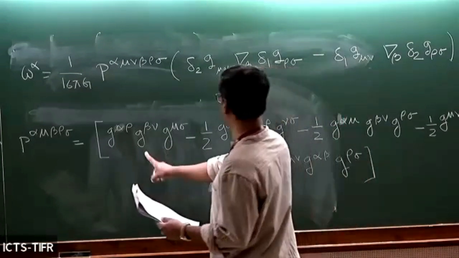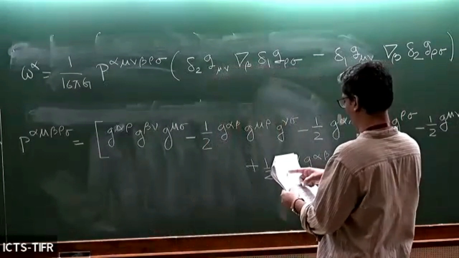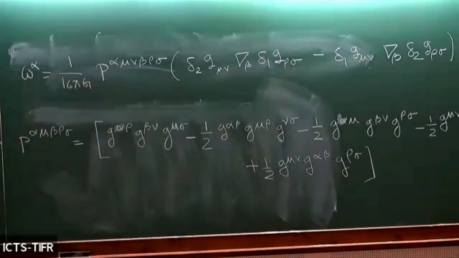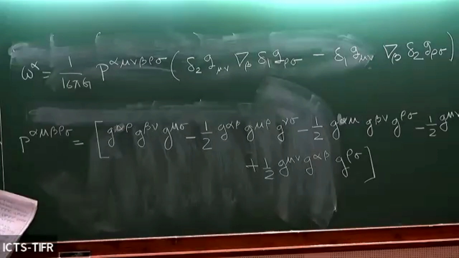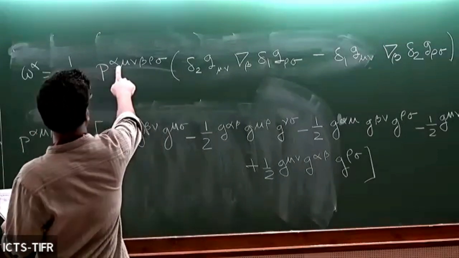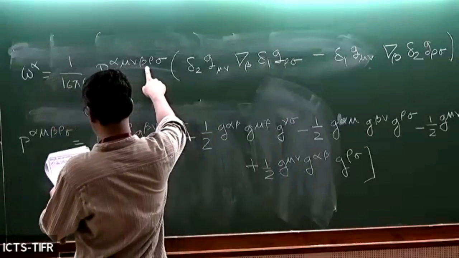Let me count: 1, 2, 3, 4, 5. 1, 2, 3, 4, 5. Huh? Where? One index? No, why? One second. There will be 1, 2, 3, 4, 5, 6.